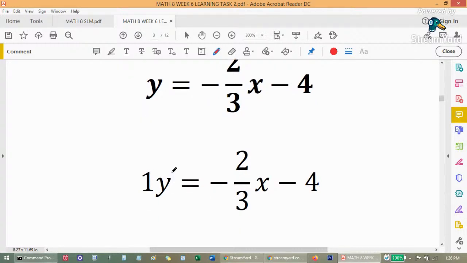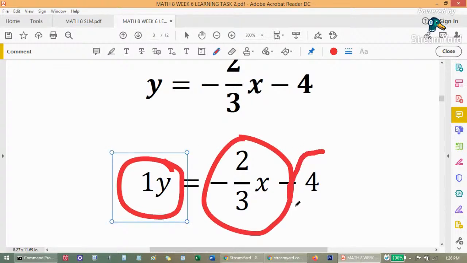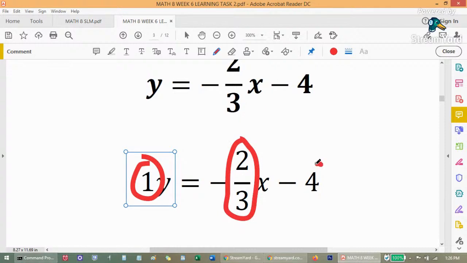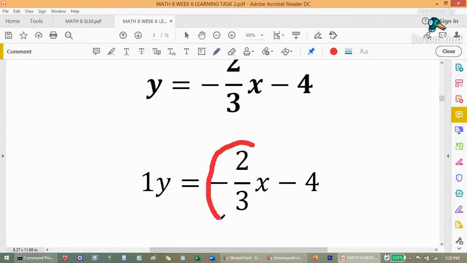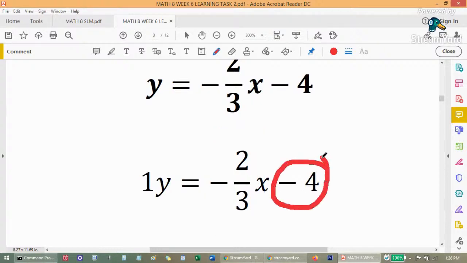So, nangyari, lahat ng terms ay meron ng coefficient. Coefficient nito is 1, coefficient nito is 2/3, coefficient nito is 4. Okay, actually negative 2/3. But ito lang muna ang gagawin natin. Okay, ito naman ay negative 4.